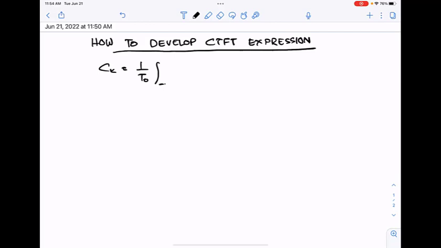We integrate over the period from negative T0 over 2 to positive T0 over 2. Then we write x of t. Then we write the complex exponential, e to the minus j k omega 0 t, dt. So this is the Fourier series coefficient equation. Let's call it 1.